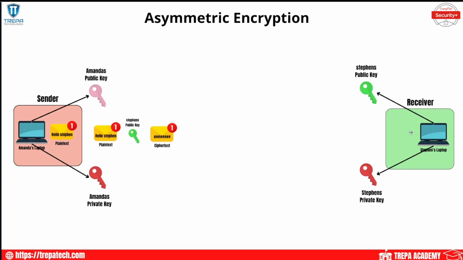Next, what Amanda's going to do is take the receiver's public key, so Steven's public key, and encrypt with it. So we're encrypting using Steven's public key, right? Which again is global for anyone. So you may be wondering, well, how is it secure? Well, because the only thing that can decrypt it is the user's private key.